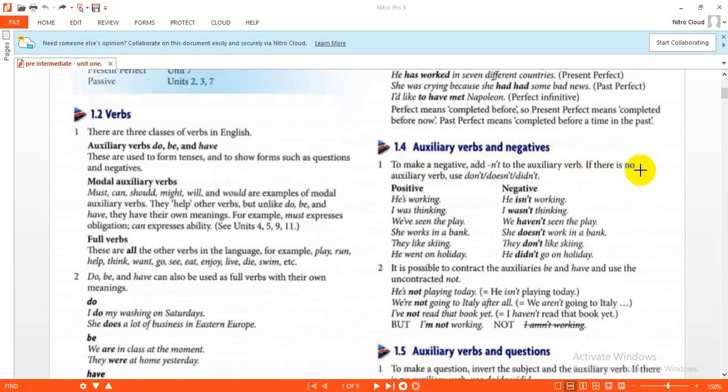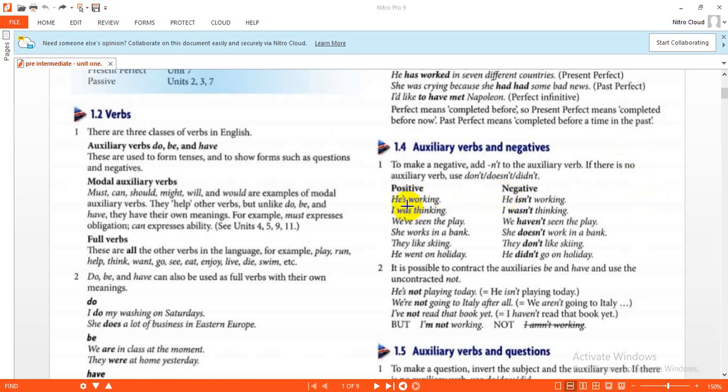If there is no auxiliary verb, use don't, doesn't, didn't. الأفعال المساعدة والنفي. لجعل الجملة جملة منفية أضيف not إلى الفعل المساعد. إذا لم يكن هنالك فعل مساعد نستخدم don't or doesn't or didn't.